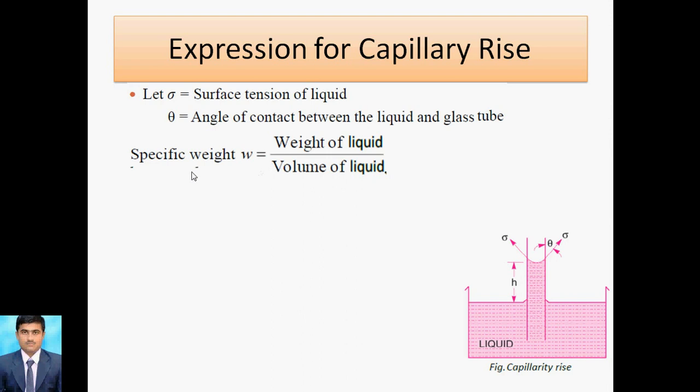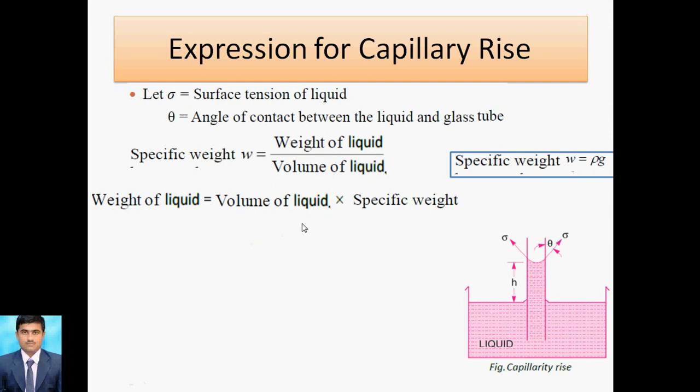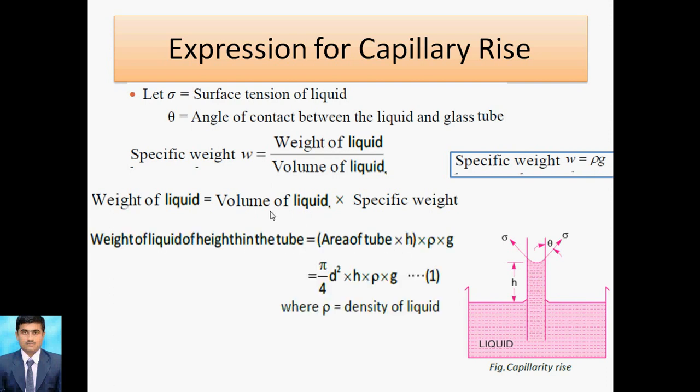As we know, the capillary rise takes place because of the weight of the fluid. The weight of the fluid is equal to the volume of the fluid into specific weight. Volume of the fluid means area of the tube into height.